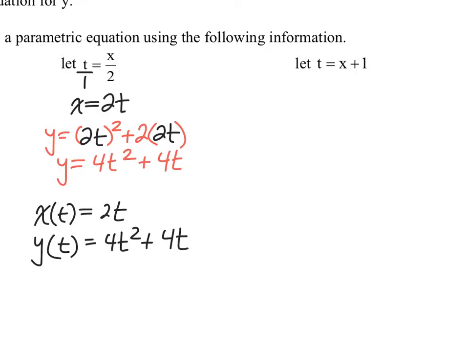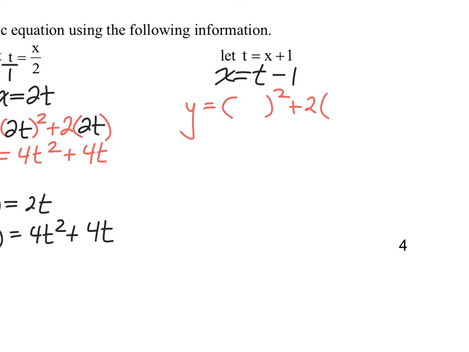All right. So in the next one, x would be equal to t minus 1. So same deal. Oh, forgot my equal sign. Now for the other problems, when I was saying don't bother simplifying unless you're asked to, there wasn't really much to simplify, so I just did it.